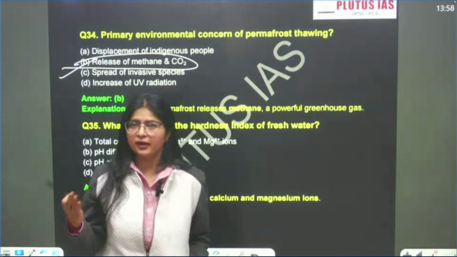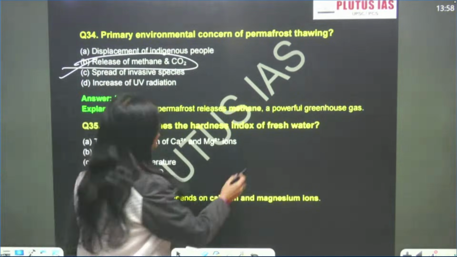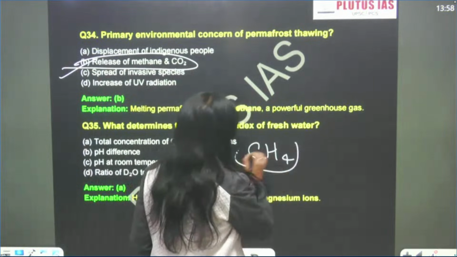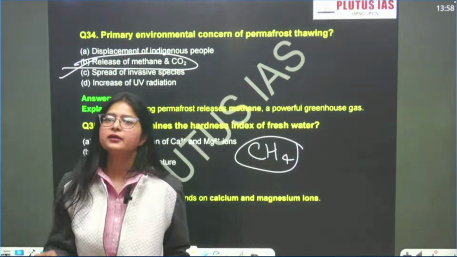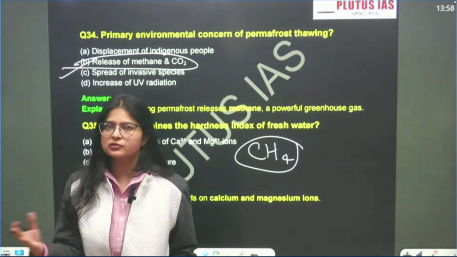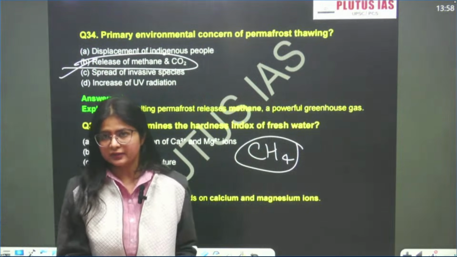Methane is again a greenhouse gas which we call CH4, and this CH4 is released because of a lot of anthropogenic activities. And apart from that, in cultivated crops also, for example paddy, these are the main sources of methane release.